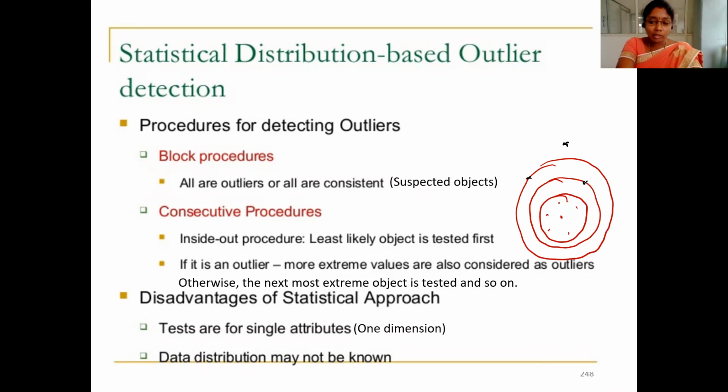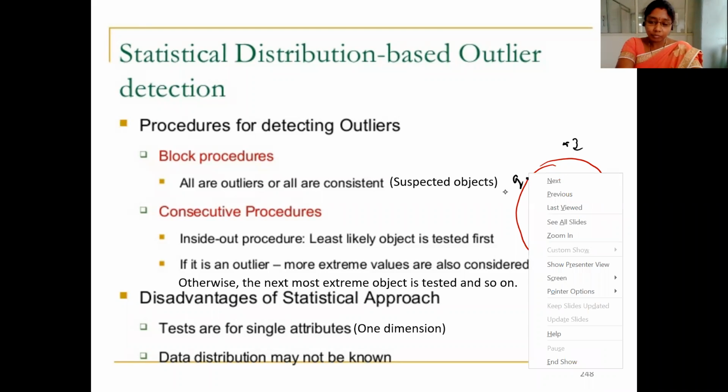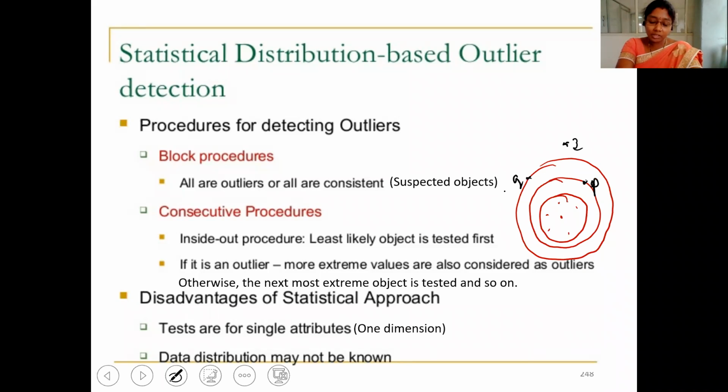Based on the distribution of the data, what is my first suspect? This is my first suspect. This is my second suspect. This is my third suspect. Why? Because this is a little far from the remaining elements, whereas this is the next suspected object, a little farther from the remaining elements. And this is the next suspected object.